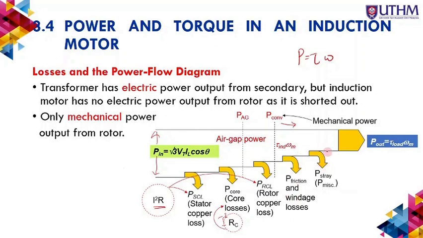The output is very low compared to the beginning. P out is the mechanical power: P out equals T load times omega of the motor.